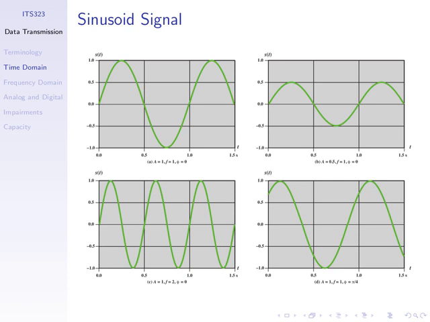What happens when we change one of these parameters? Let's look at this signal, S2. We change the peak amplitude, A, to 0.5. Same frequency, 1. Same phase, 0, gives us 2 pi t.